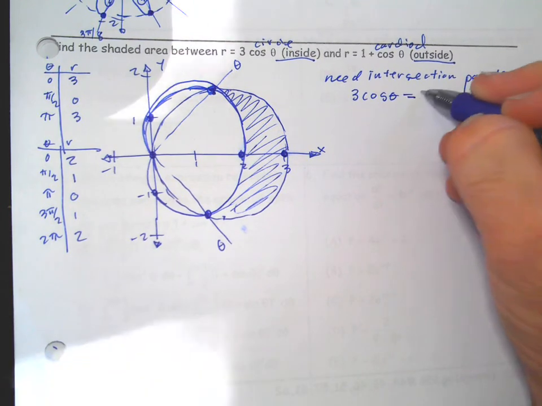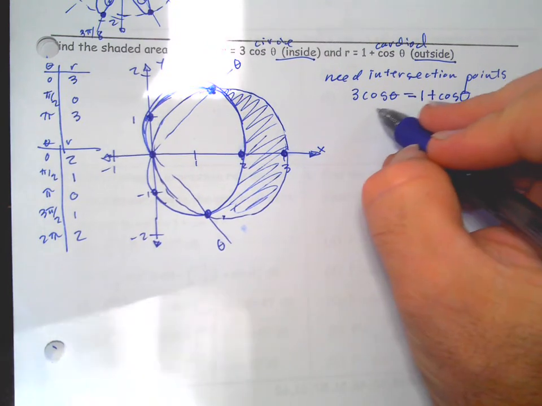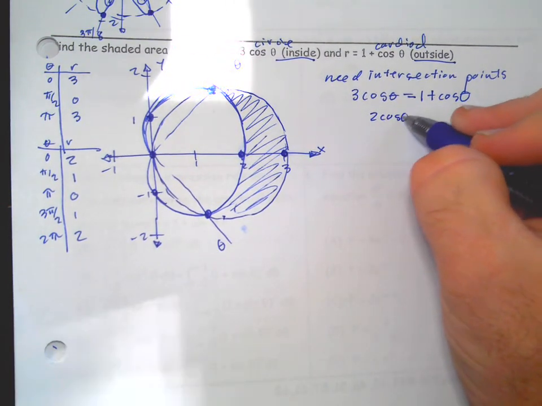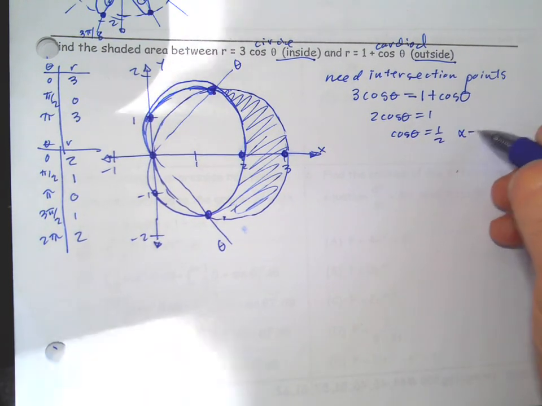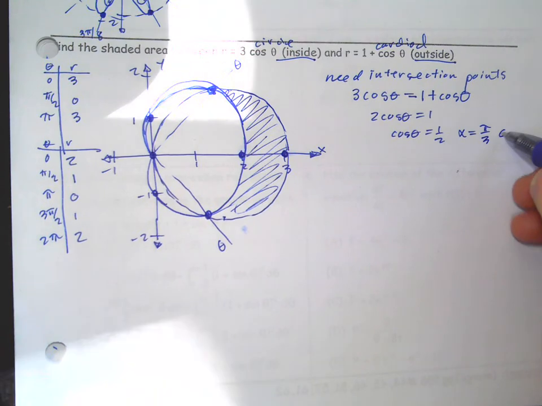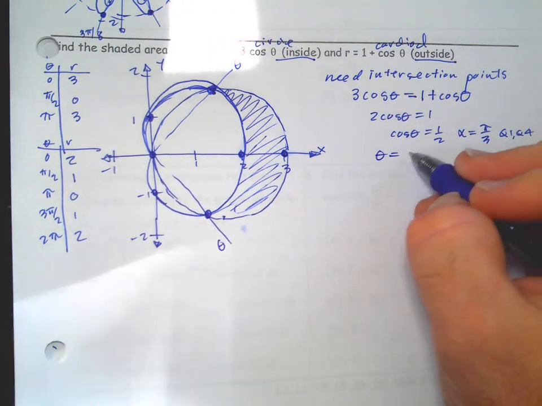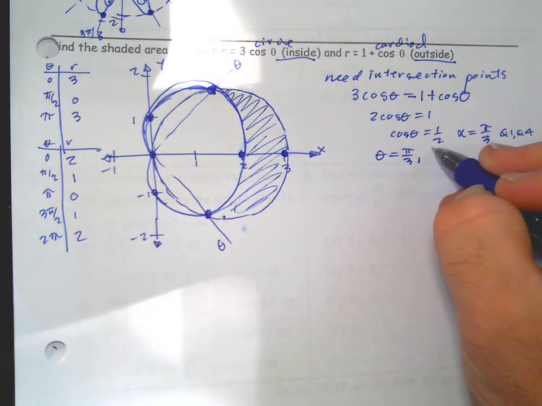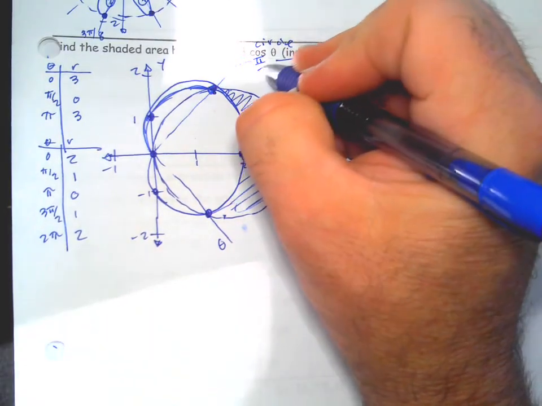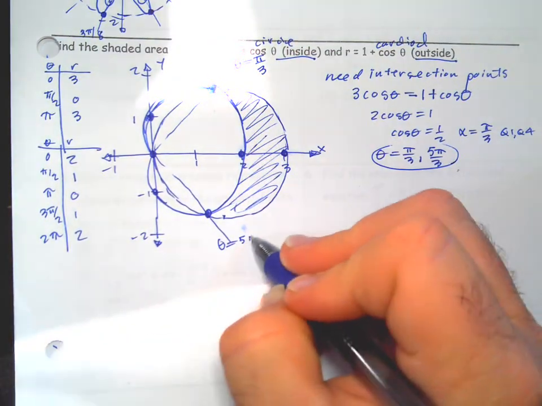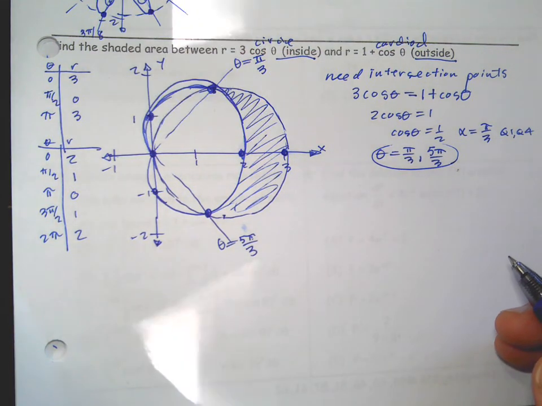We set one r equal to the other r, and then we solve it. So this would be 2 cosine theta equals 1, cosine theta equals 1/2, alpha equals pi over 3, quadrant 1, quadrant 4. So theta equals pi over 3 and 5 pi over 3. Now, if you look at the drawing, this looks like about pi over 3, and this looks like about 5 pi over 3. So that's one benefit of the drawing, is that you even know where you're looking for these answers.